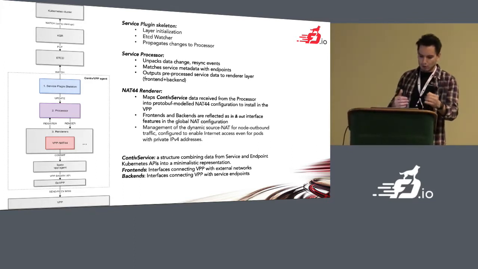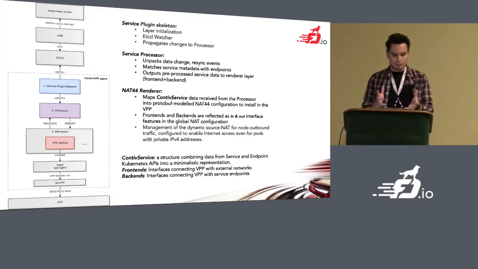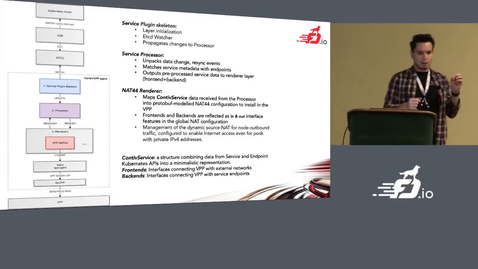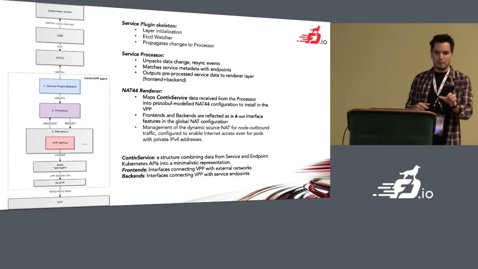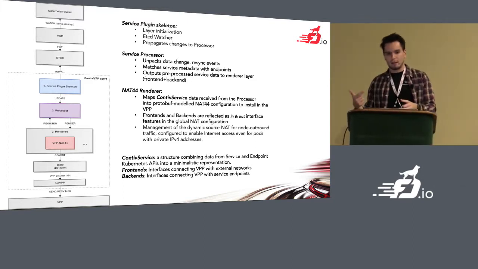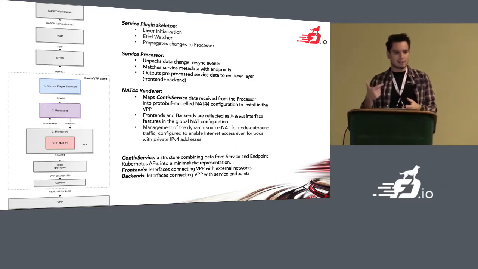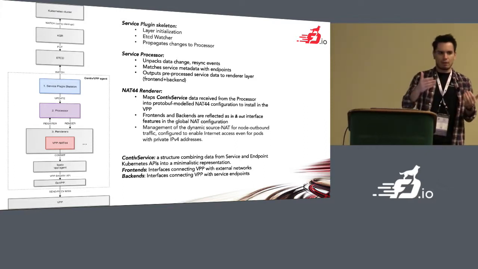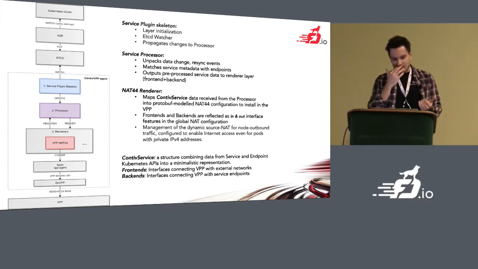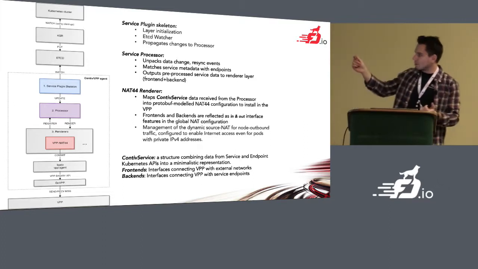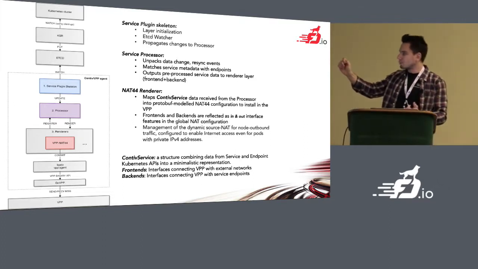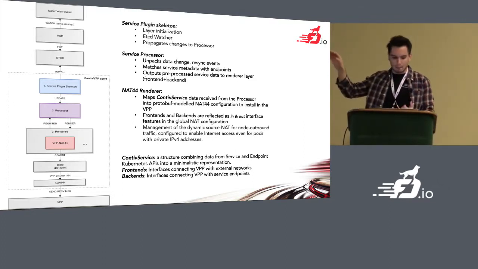The service processor unpacks those data changes and matches the service metadata with endpoints. So it's trying to find all the pods that match the label selectors of the service. And then that outputs all the pre-processed service data to the renderer layer. Here we also have front-end and back-end.